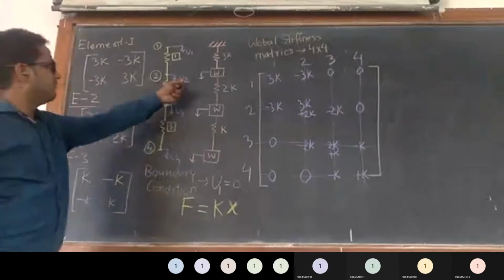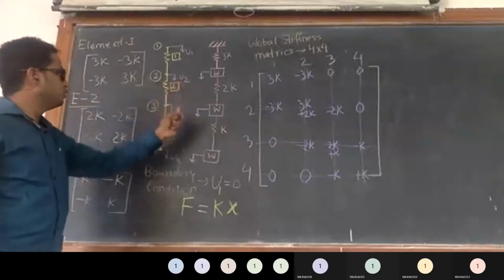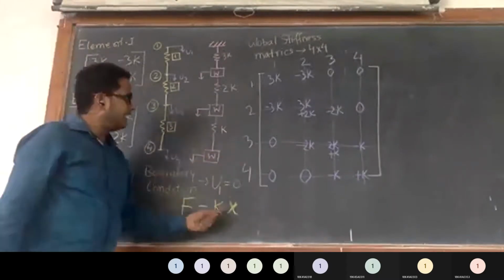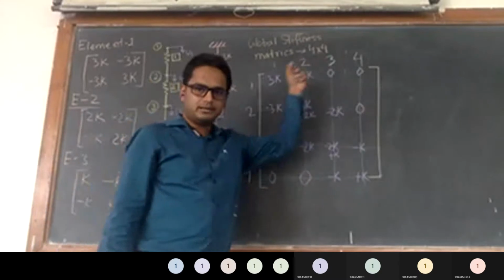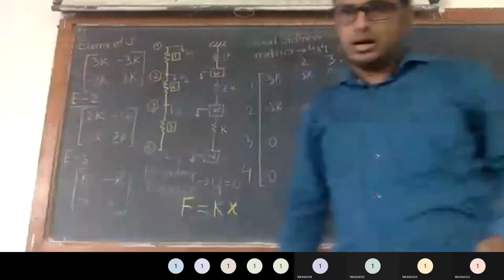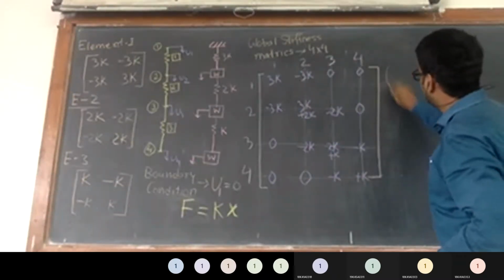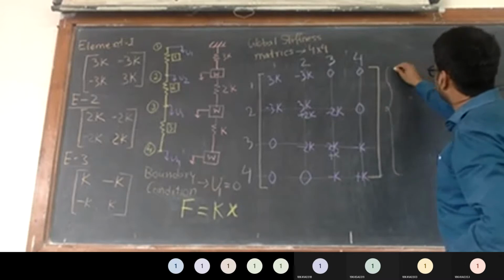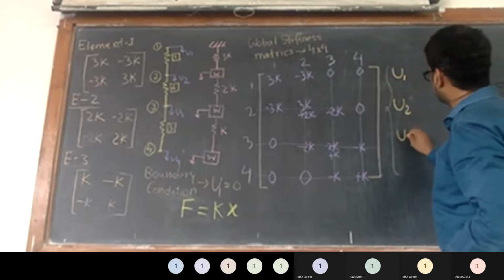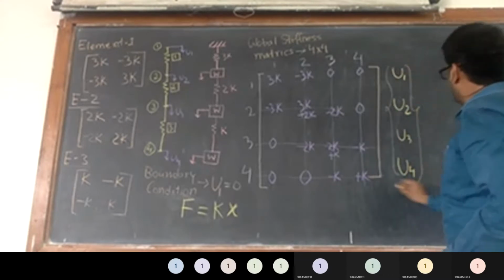In the question, it is asking what will be the value of these displacements, that is your U2, U3 and U4. So this K matrix we have already written. This X will be nothing but I will add a column matrix U1, U2, U3 and U4.